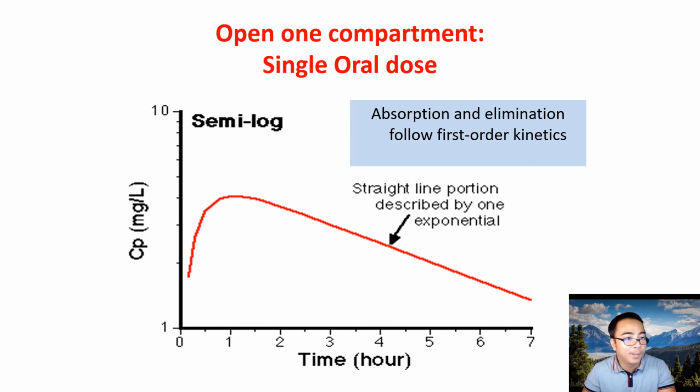So this is how it happens, class. Again, the only difference is that we have an absorption phase. And after Cmax is achieved, the drug will just decline following first order kinetics.